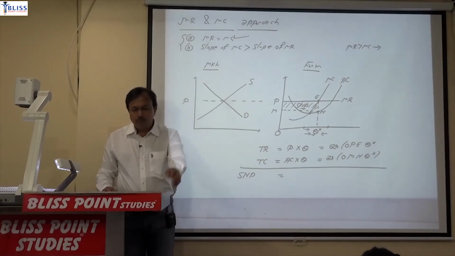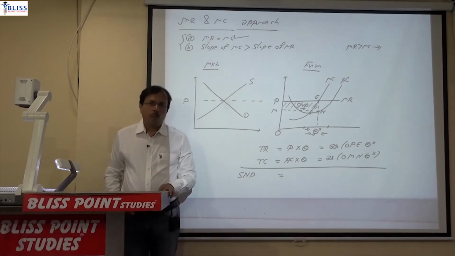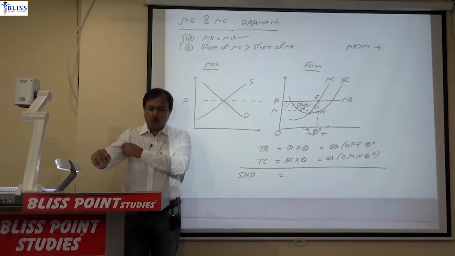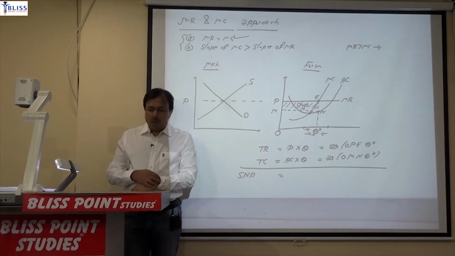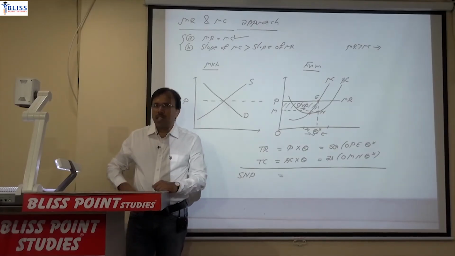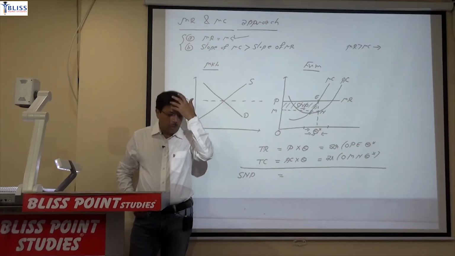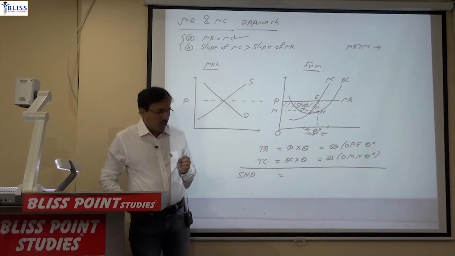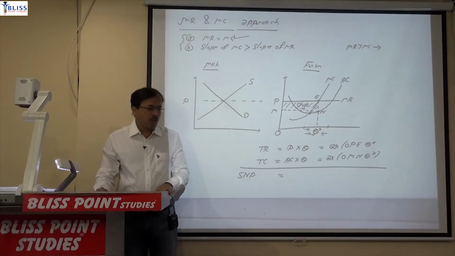Right. To the left of output Q star, each unit of output is adding more to revenue and less to cost.